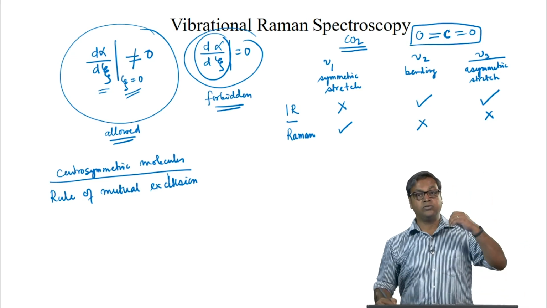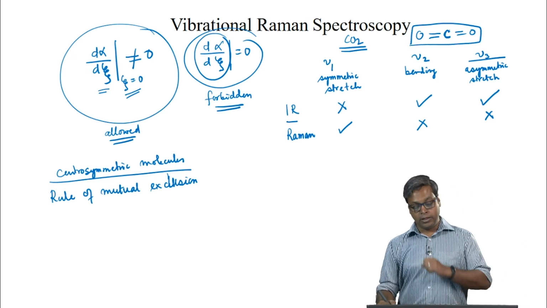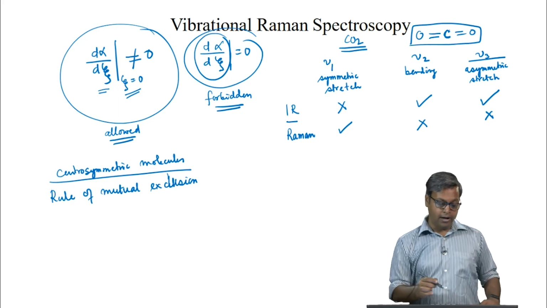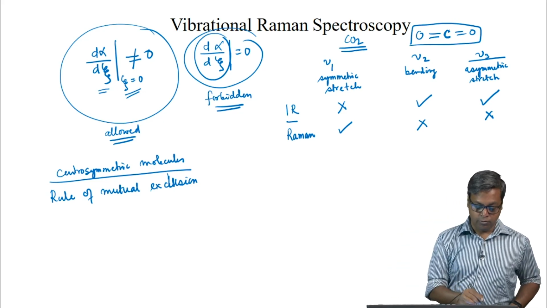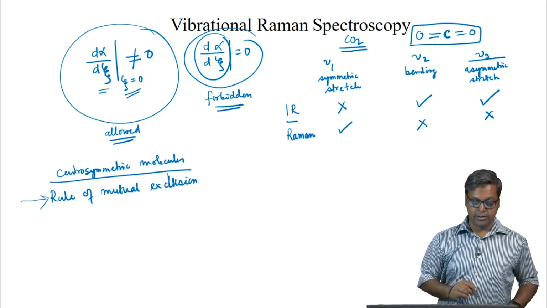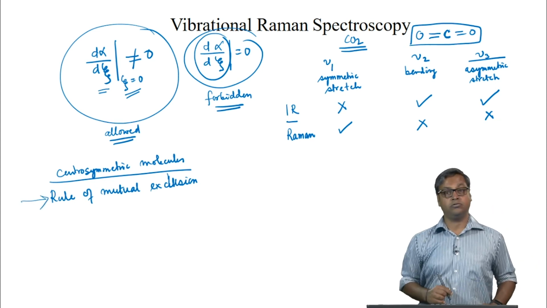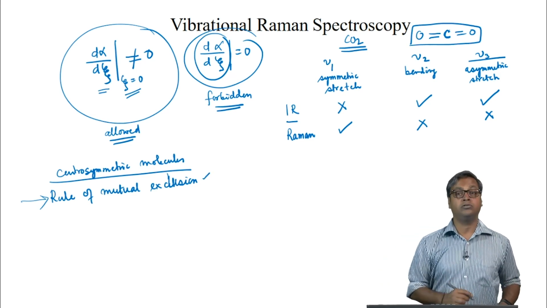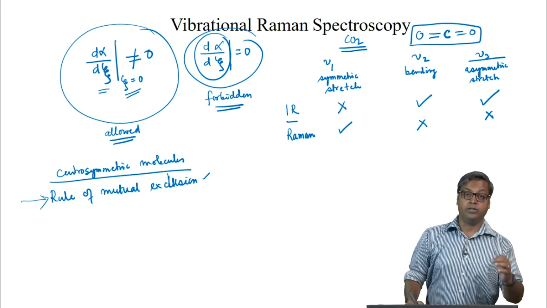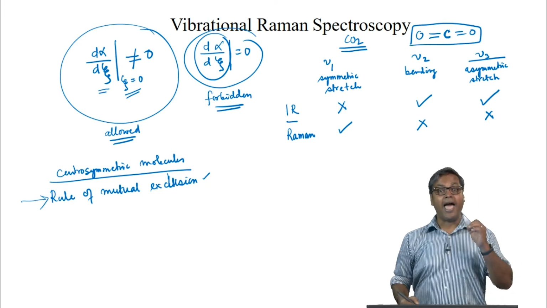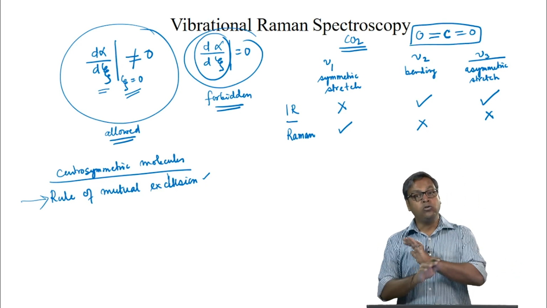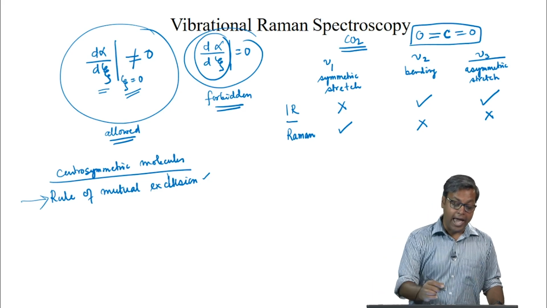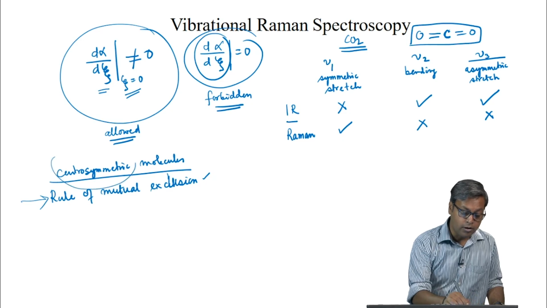If there is no center of symmetry, then most vibrations are both IR and Raman active. So, in that case there will be no rule of mutual exclusion. The converse of this rule is also true, that is, the observance of Raman and IR spectra showing no common lines implies that the molecule has a center of symmetry.